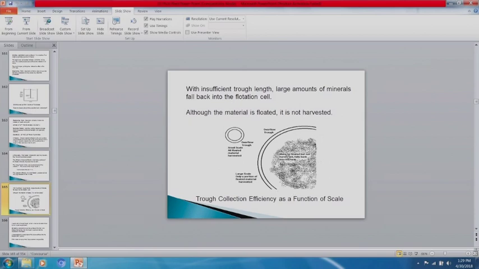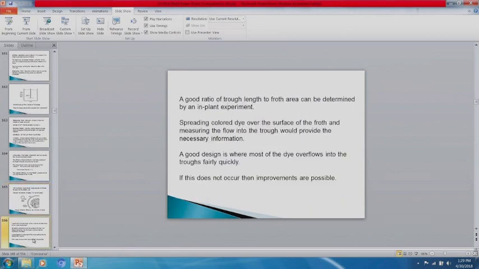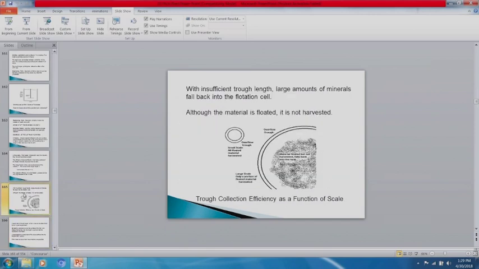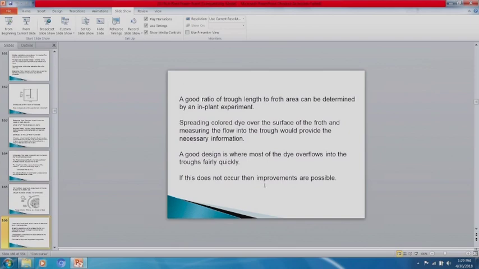And we're able to harvest this area in flotation. Moving right along again, you could test this by perhaps spreading dye on this surface and seeing if it flows over into the weir. Good design is where most of the dye overflows into the weir. So if this does not occur, improvements can be made. Okay.